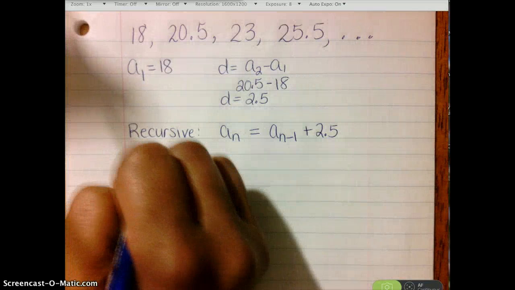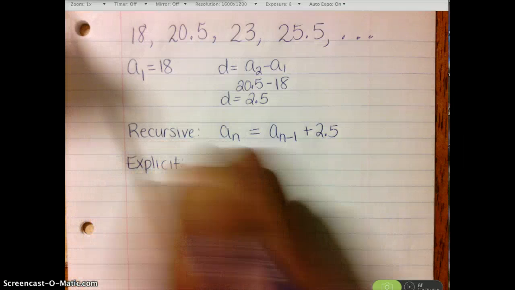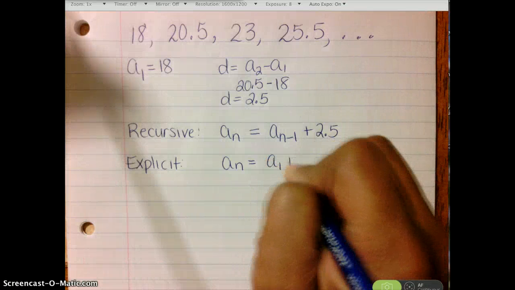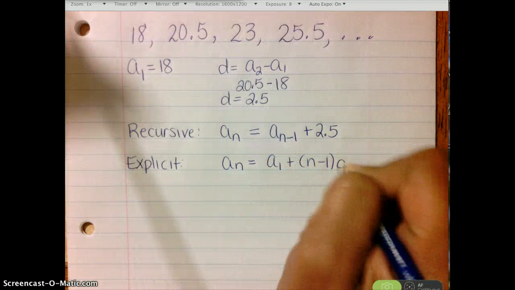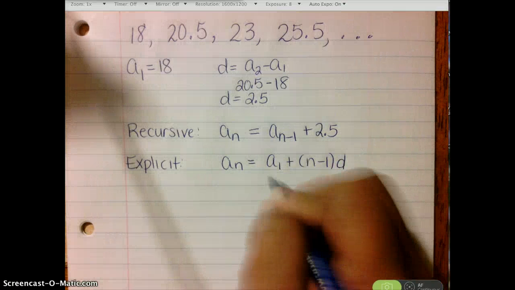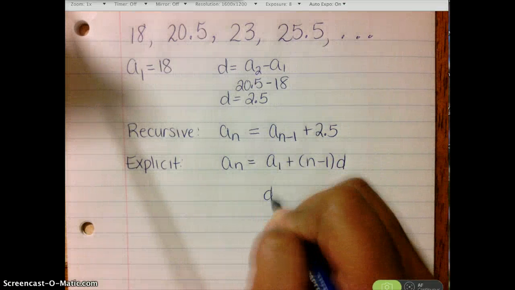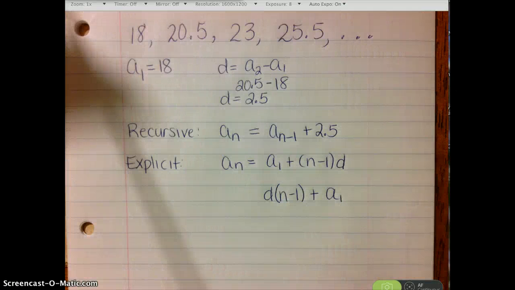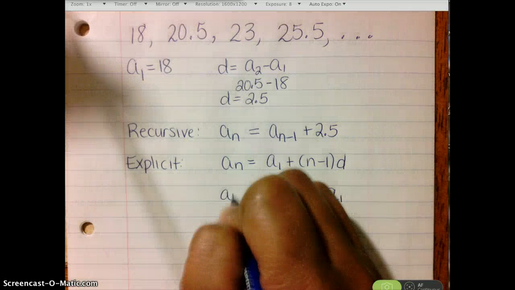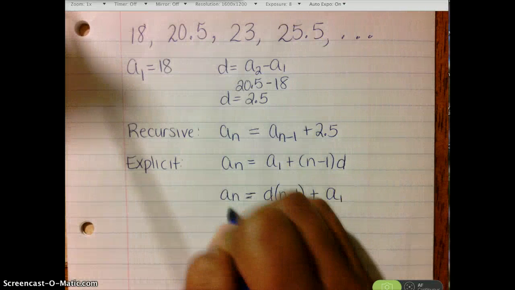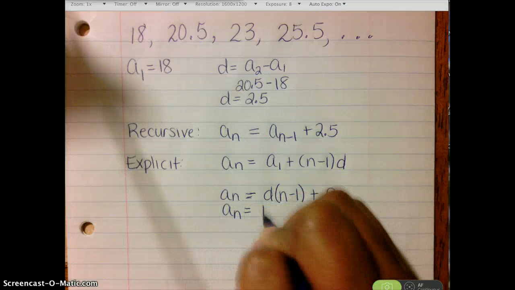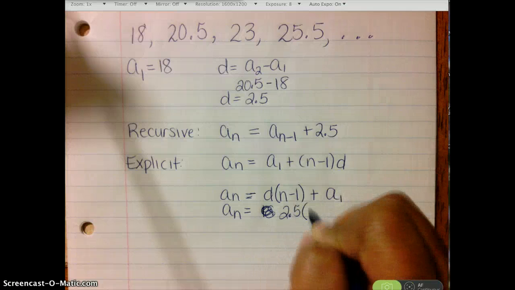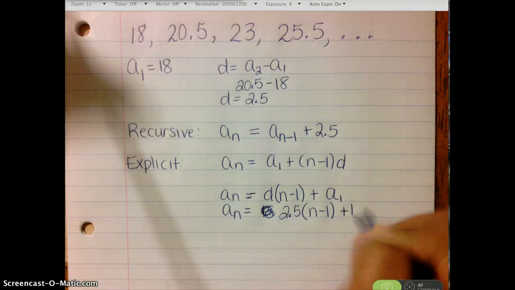Your explicit: the current term is equal to the first term plus n minus 1 times d. If you want to, we can rewrite this as d times n minus 1 plus a sub 1. That may be a little more friendly looking. So a sub n equals the common difference, 2.5, times n minus 1 plus 18.